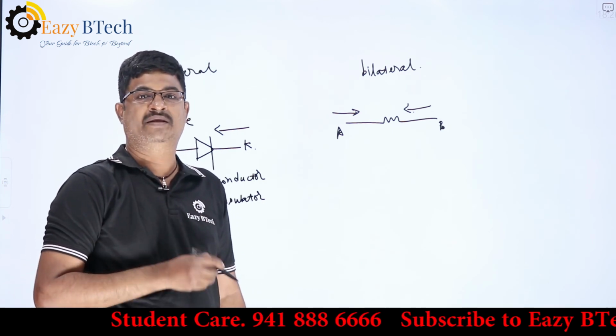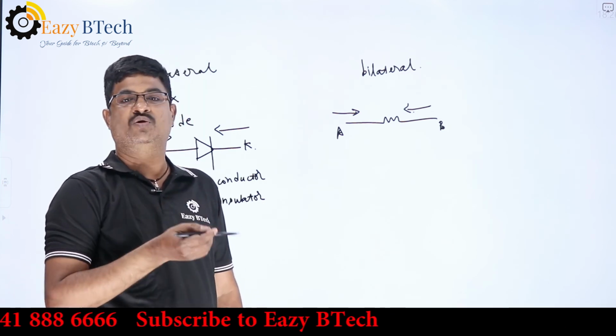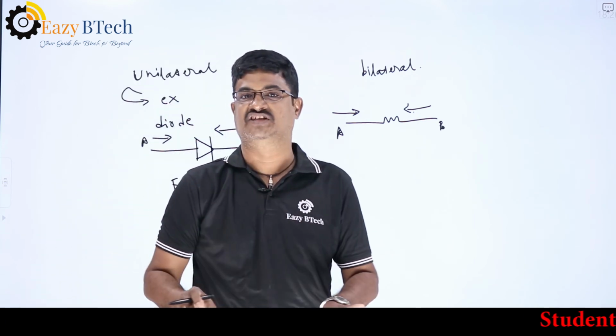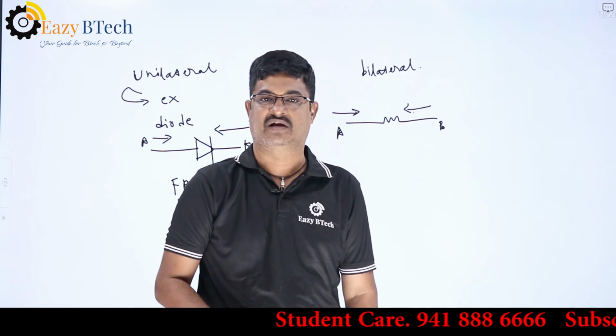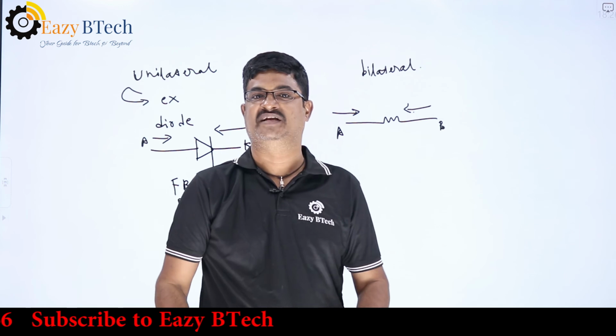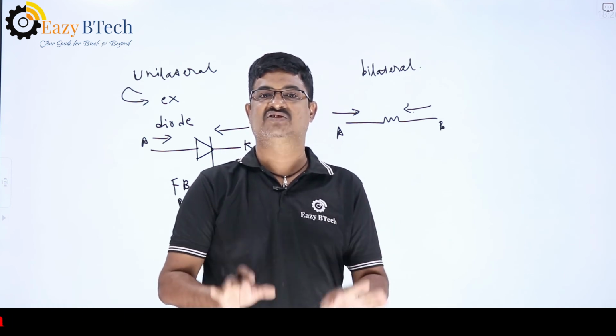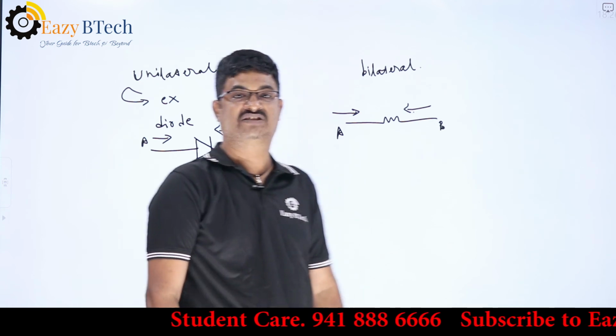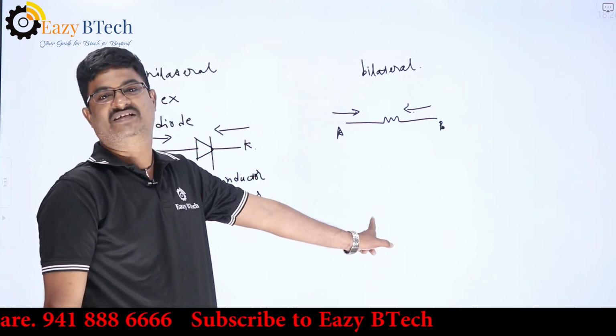So even if the current flows from A to B or B to A, the characteristic property of the element is not changing. The elements which do not change their characteristic properties by changing the direction of current are said to be bilateral elements.